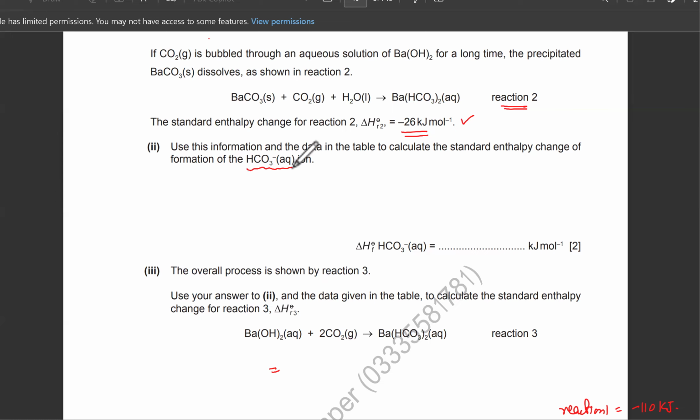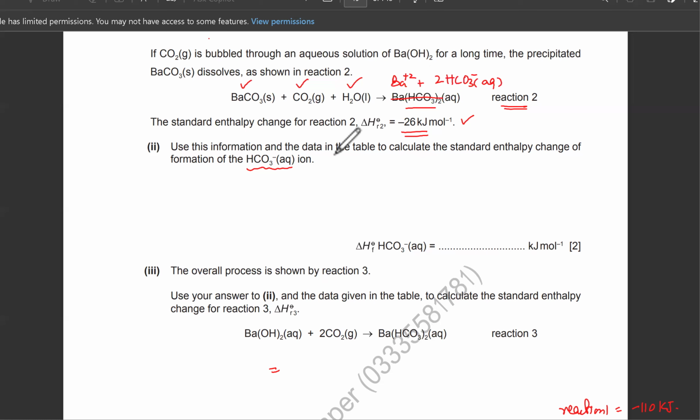If you know the enthalpy of formation of the reactants, which is given in the table, and barium hydrogen carbonate is aqueous, that means it's going to be in dissociated form. It's going to be barium ions and 2 HCO3 minus aqueous ions, right?